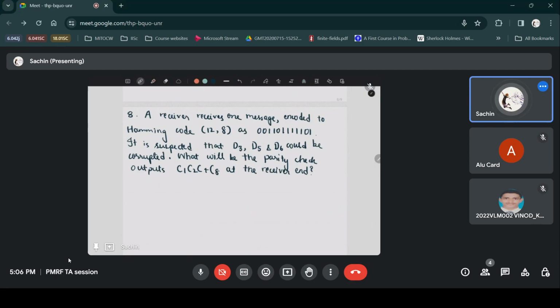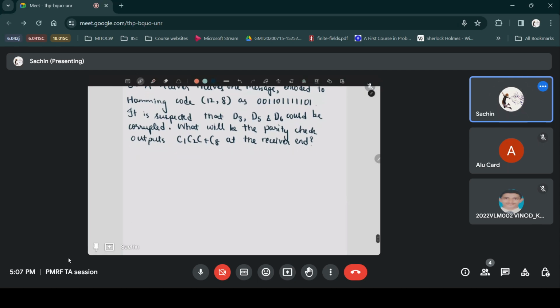So this is another question on Hamming codes, and in lecture we saw that if D3, D5, and D6 are the corrupted bits, you should get C1, C2, C4, C8 equal to 0000, if those three are the only bits which are erroneous.